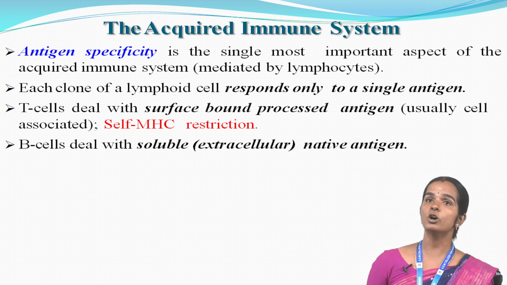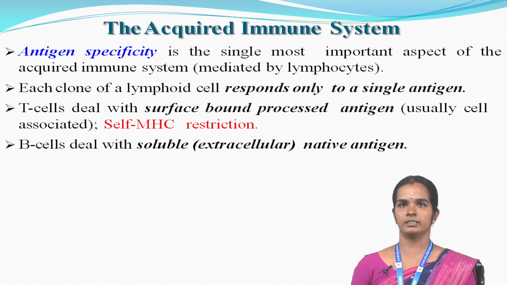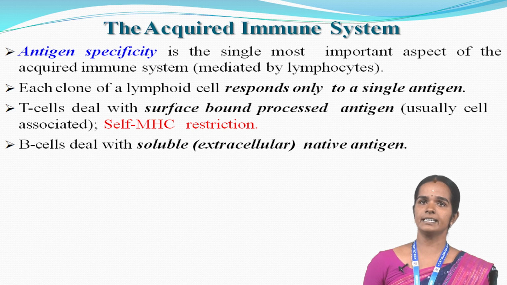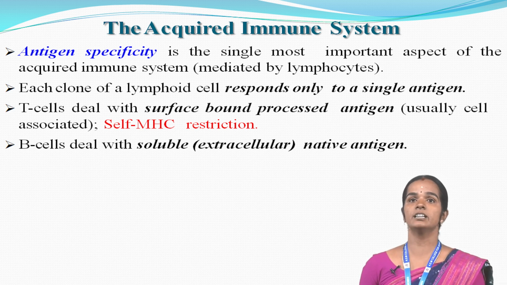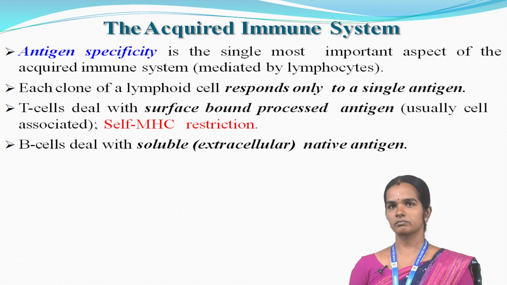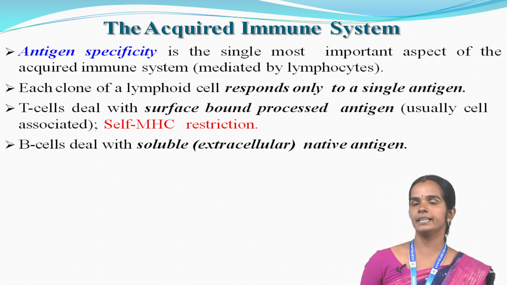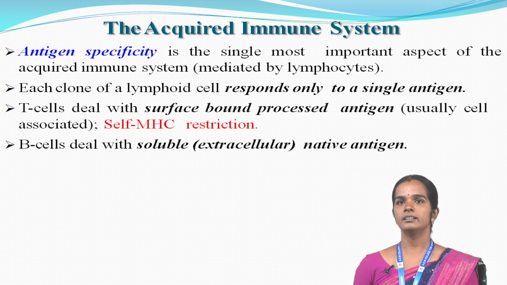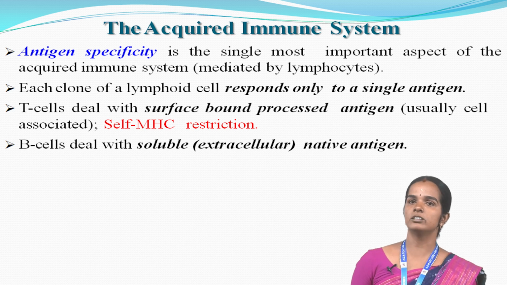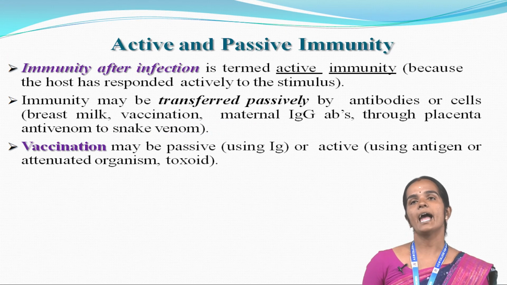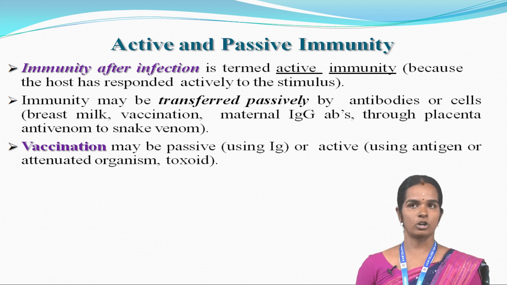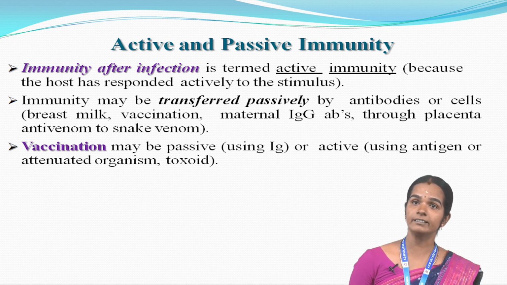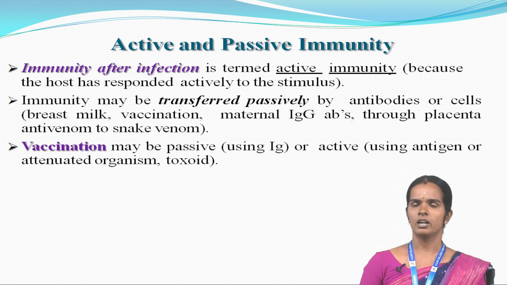This is humoral and cell mediated immunity. Specific immunity is termed humoral when antibodies are involved in removing the antigen. It is termed cell mediated when T cells and or phagocytes are involved in pathogen clearance. Active and passive immunity. It is termed active because the host does respond actively to the stimulus.